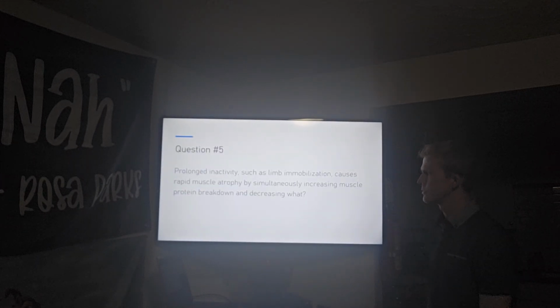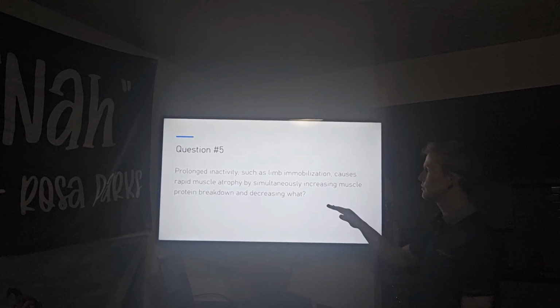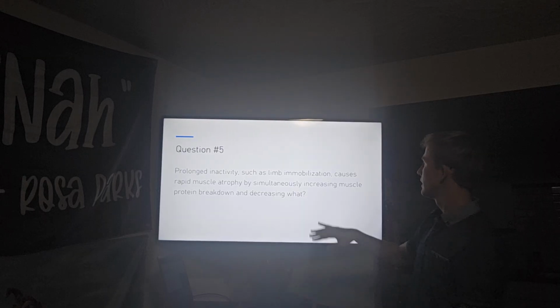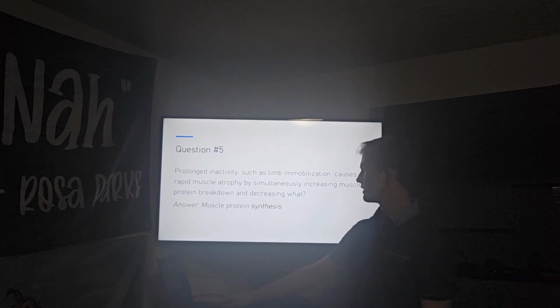And then question number 5. Prolonged activities such as limb immobilization cause rapid muscle atrophy by simultaneously increasing muscle protein breakdown and decreasing what? And the answer would be muscle protein synthesis.